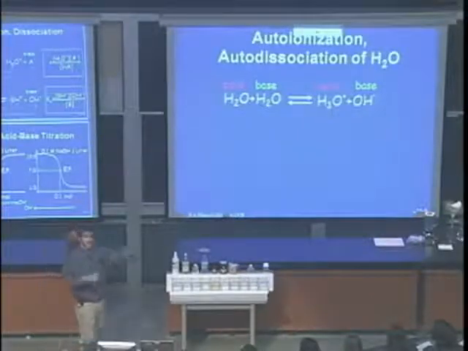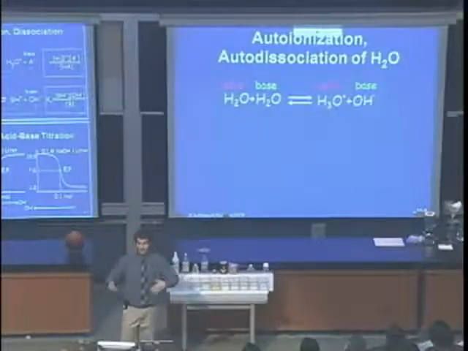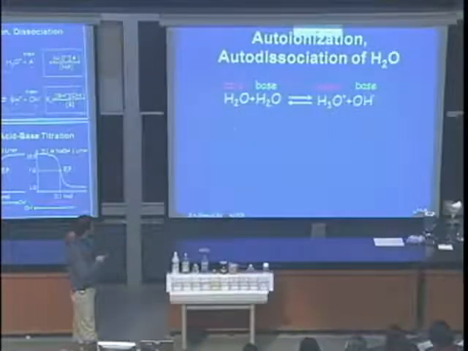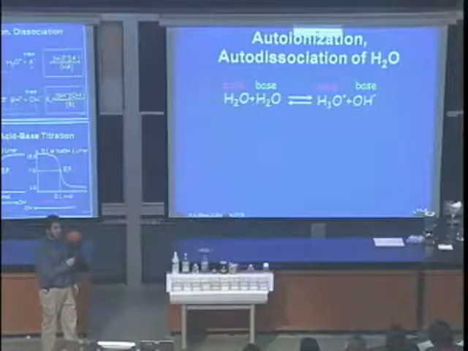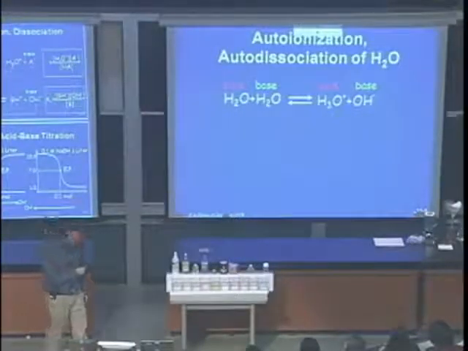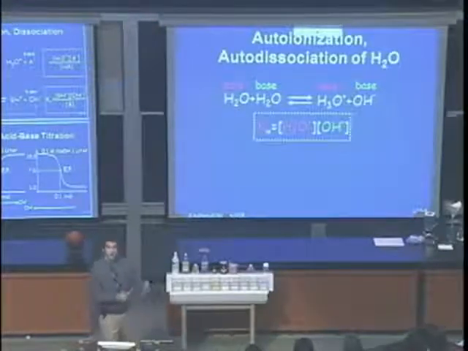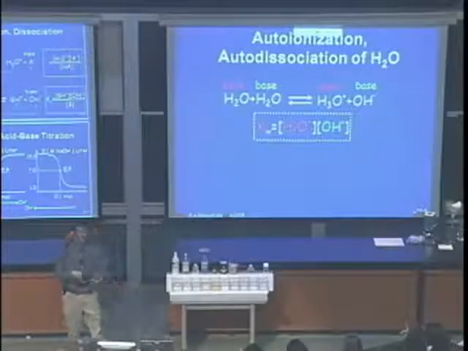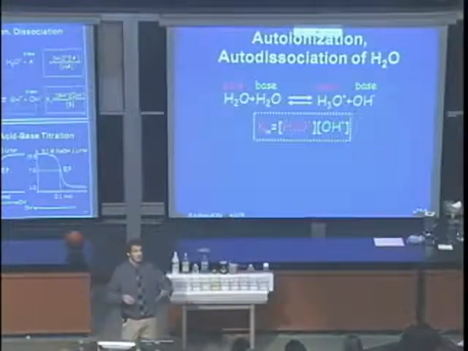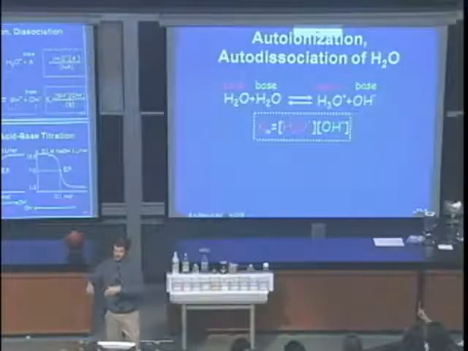So I'd have the concentration of H3O+ times the concentration of OH-. But what about my reactants? They're both liquids. And so are they going to be in my equilibrium? Nope. How convenient. So this is called Kw, which is the water autoionization or autodissociation constant of water, which is just the product of hydronium ion concentration times OH- concentration.